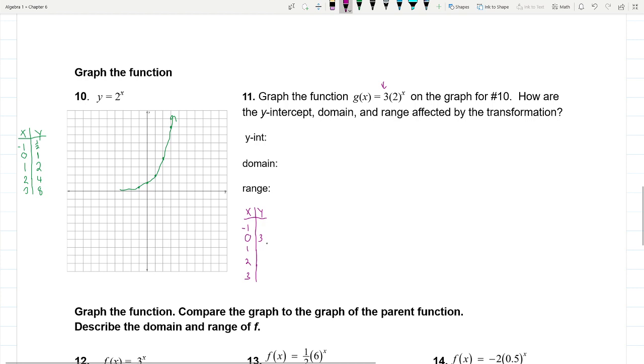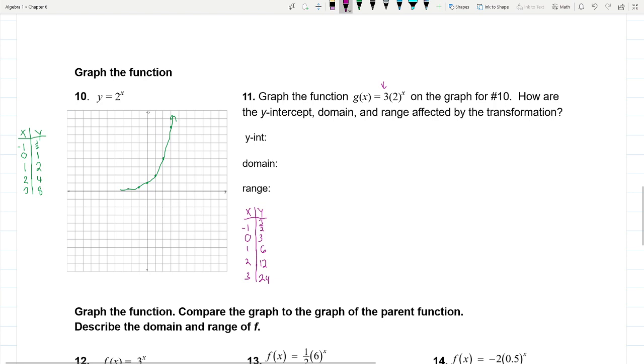And maybe you can already see where this is going: 1 becomes 6, 2 becomes 12, and 3 becomes 24. And negative 1 becomes 3/2. What's happening is we're multiplying every value we had for number 10 by 3. That's what that 3 does.